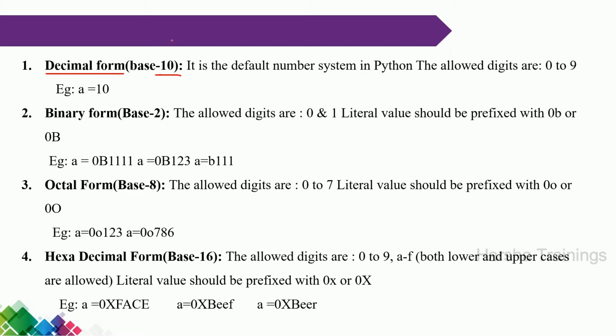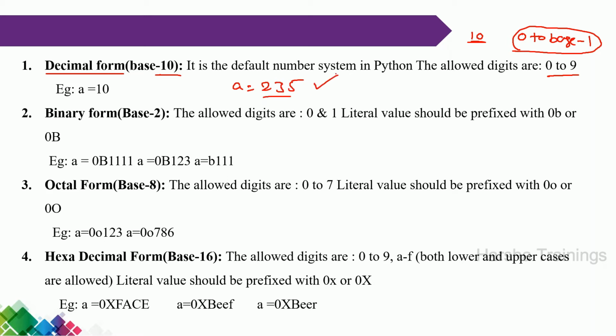Whatever base we consider, the possible digits are 0 to base minus 1. Why? If you divide any number by 10, the possible remainders are 0 to 9 only. So if a number is of decimal form, the possible digits are 0 to 9. For example, a is equal to 235.